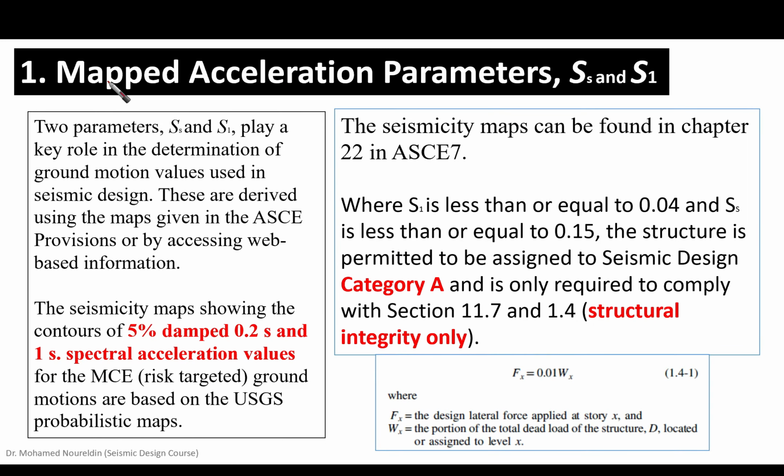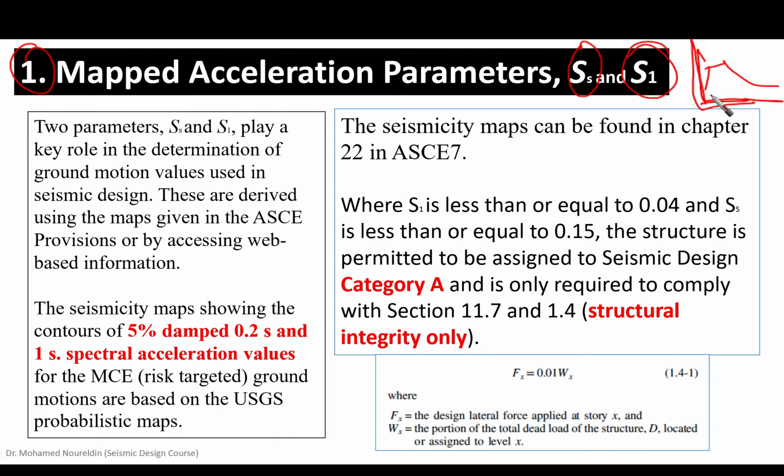Now let's go to the first thing after that, which is the mapped acceleration parameters, S sub S and S sub 1. Do you remember from the previous lecture I mentioned the response spectrum, and that we can draw it, something like this.